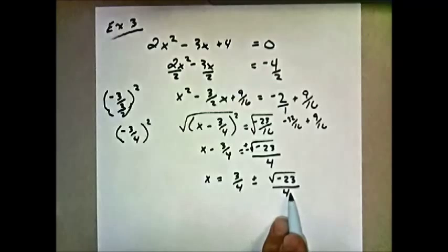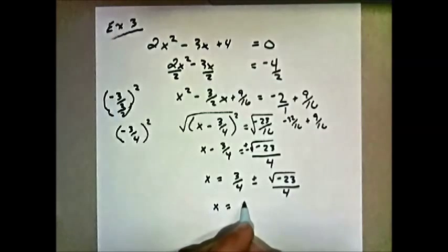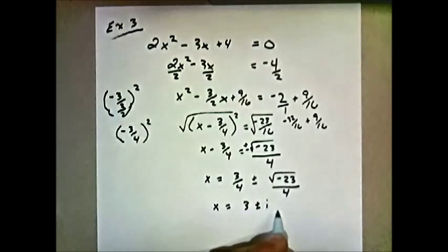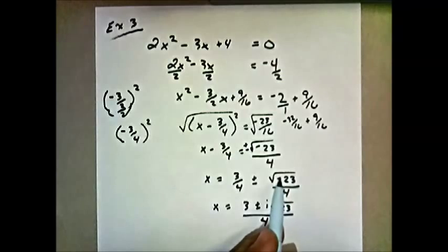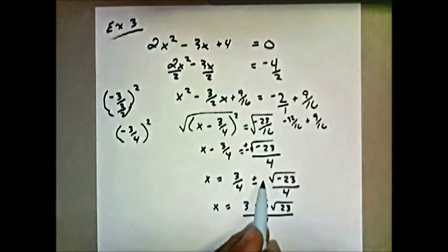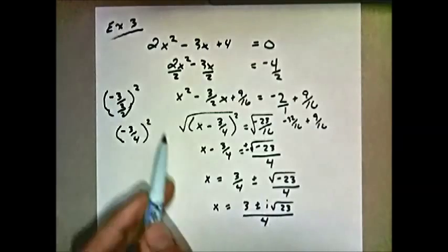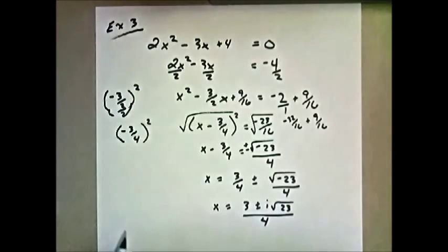We have a common denominator already, so we can combine this to 3 plus or minus i radical 23 over 4. You may ask yourself, where did that i come from? Remember, when we have the square root of a negative number, we can bring it out to the outside of our radical as an i. So we now have two complex numbers for this solution. And there's our answer. And that concludes our completing the square with a leading coefficient not 1.